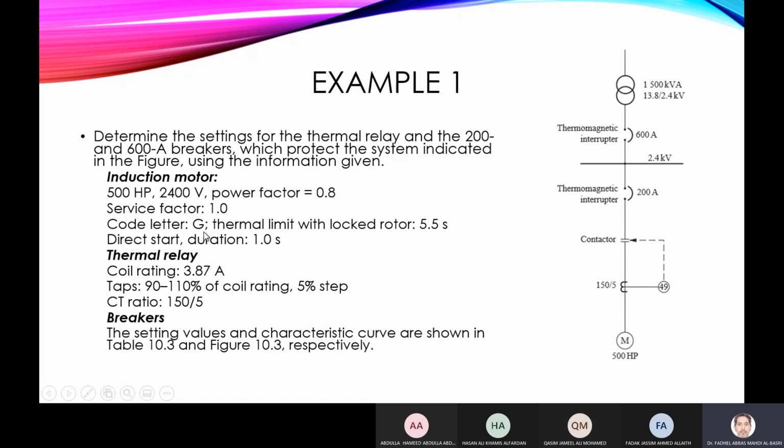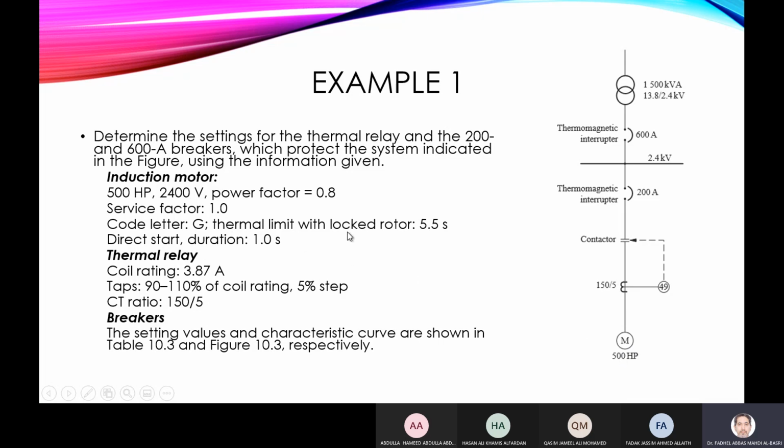The motors by standard are also classified into letters. So this is the letter G motor, and based on this letter normally they know what type of insulation they have used for this insulation class.